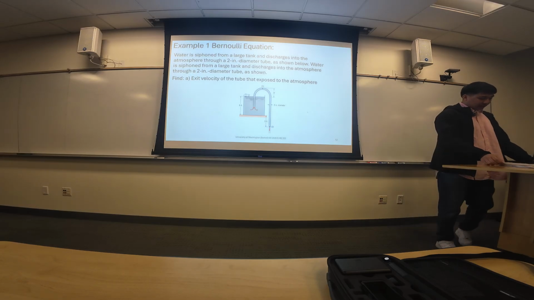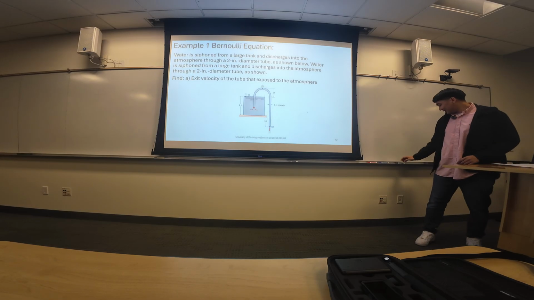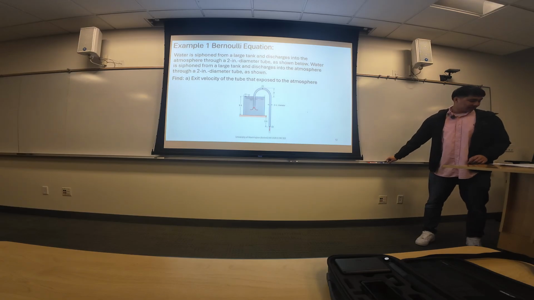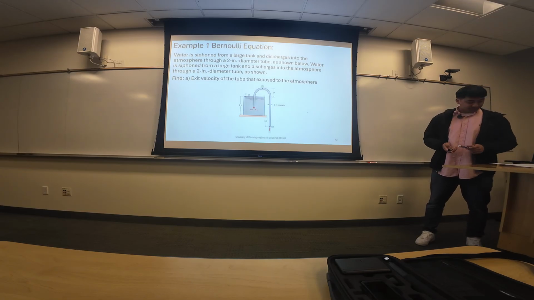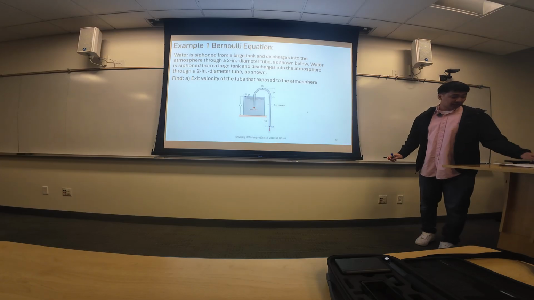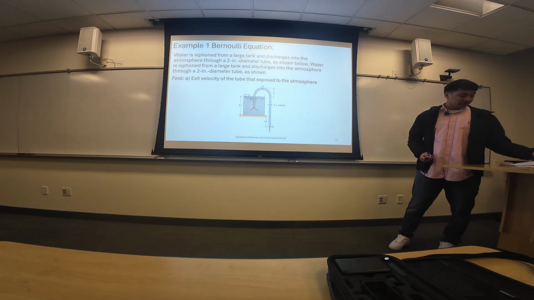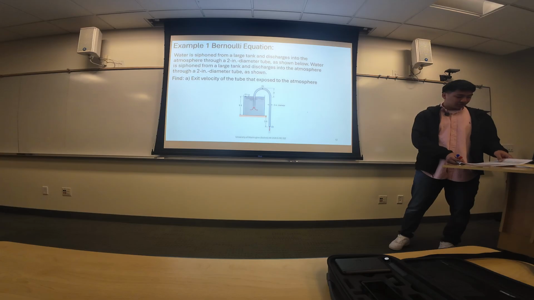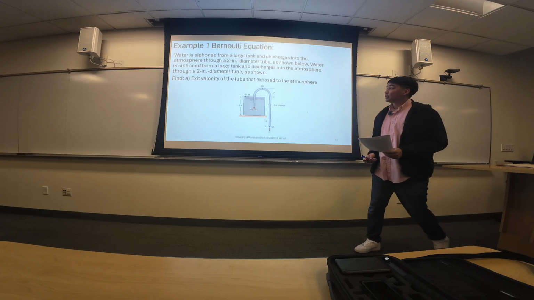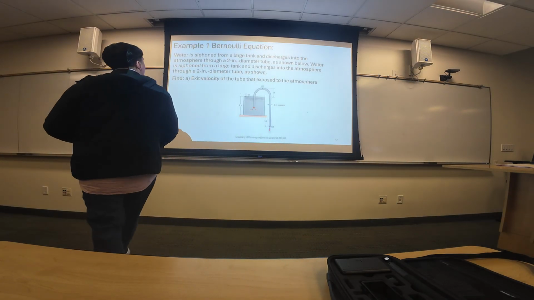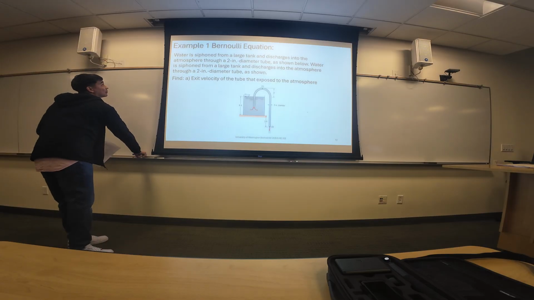Okay, so we're going to dive right into it. We have about 3 examples to get through, and then we're going to do one derivation at the end and then a quiz. Let's read this problem.